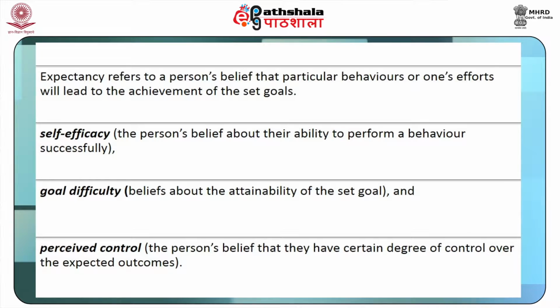Expectancy refers to a person's belief that particular behaviors or one's efforts will lead to the achievement of the set goals. It depends on self-efficacy, which is the person's belief about their ability to perform a behavior successfully; goal difficulty, which is the belief about the attainability of the set goal; and perceived control, the person's belief that they have a certain degree of control over the expected outcomes.